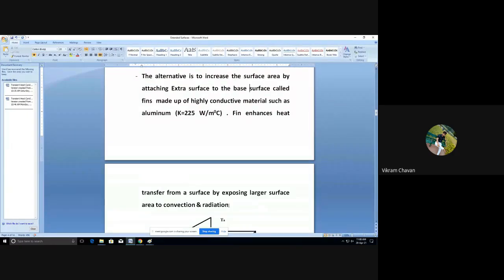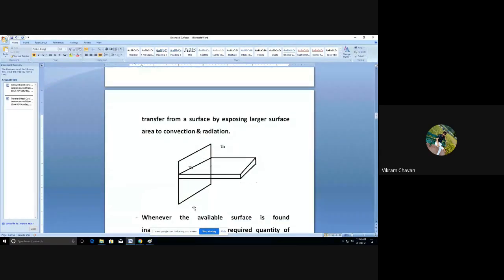Okay, full stop. So you can modify the initial diagram and draw that diagram once again.